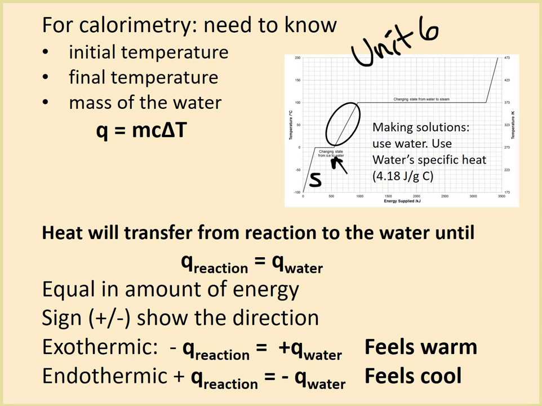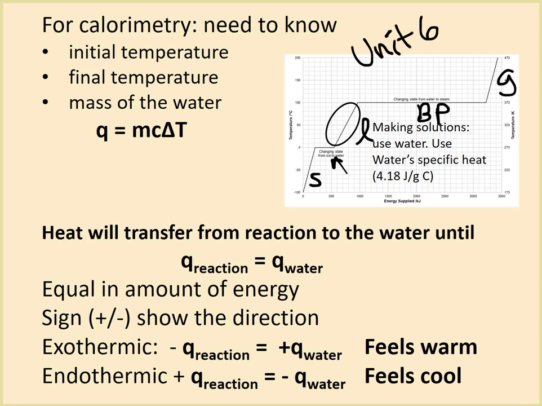Instead, the energy is going to breaking that hydrogen bonding. Then we have a liquid, and we're heating our liquid, making the molecules go faster. And then we have our boiling point. The temperature stays the same because the energy is going to completely breaking the hydrogen bonding between the liquid molecules. And then we have water vapor, or water as a gas phase.